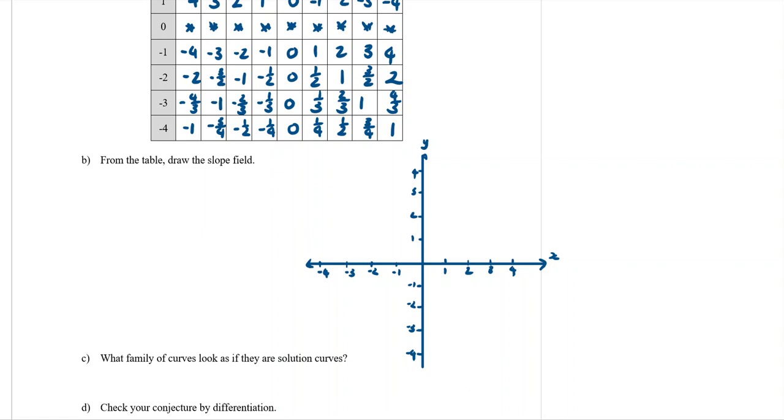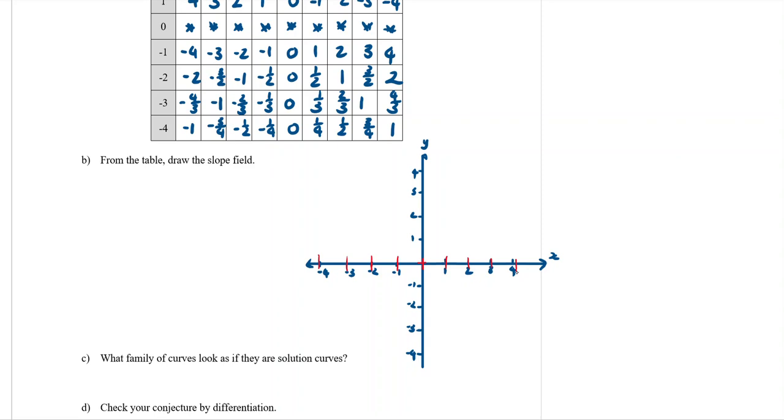When it's vertical. Okay, so that means these are all little vertical lines at -4, -3, -2, -1. 0 is a bit tricky. 0, 1, 2, 3, 4. There we go. An undefined gradient, remember rise over run, is when you're trying to divide something by 0, which is a vertical line.